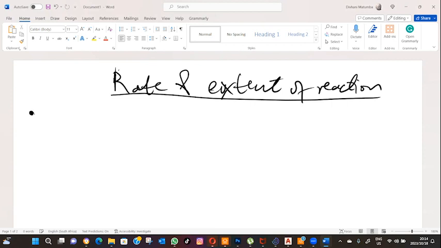We need to understand what a heat of reaction is.